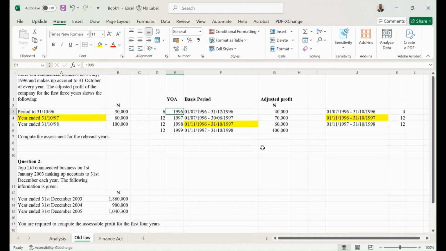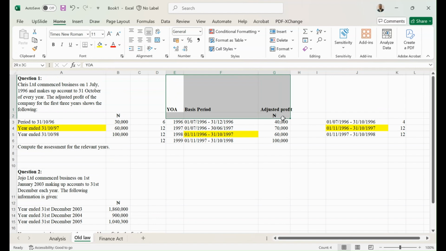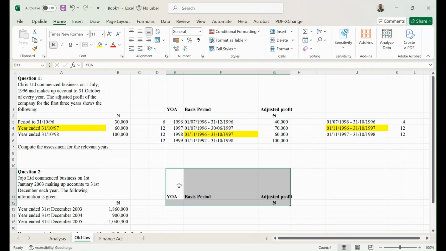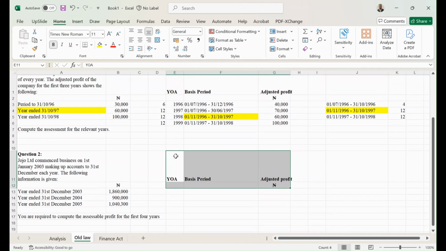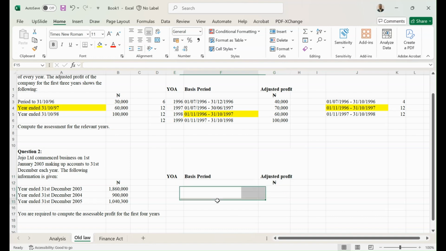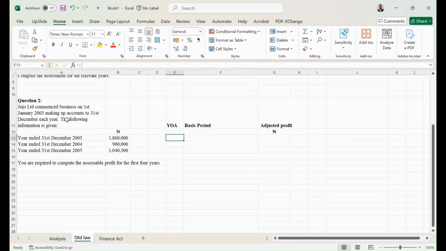All right, now let's apply that same principle to this second question. Again, Jojo Limited commenced business on 1st January 2003, making up accounts to 31st December each year.